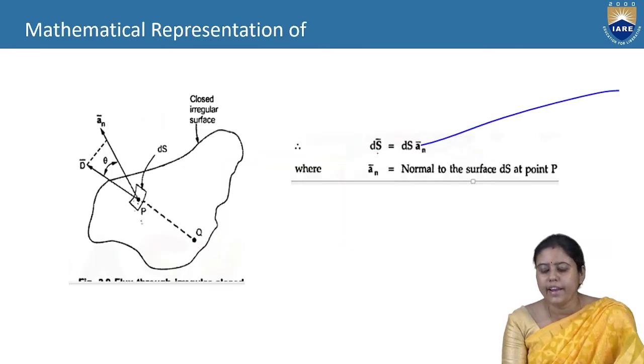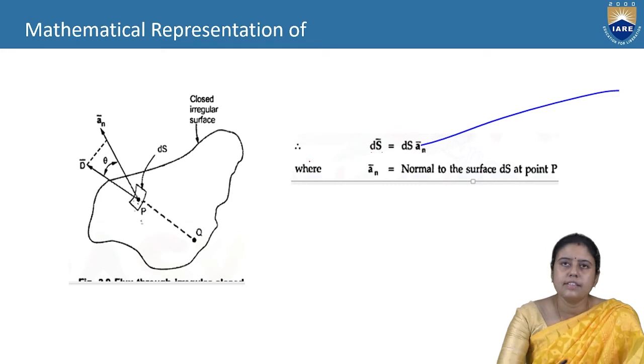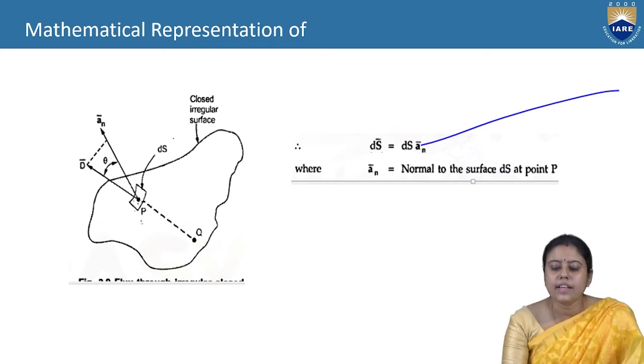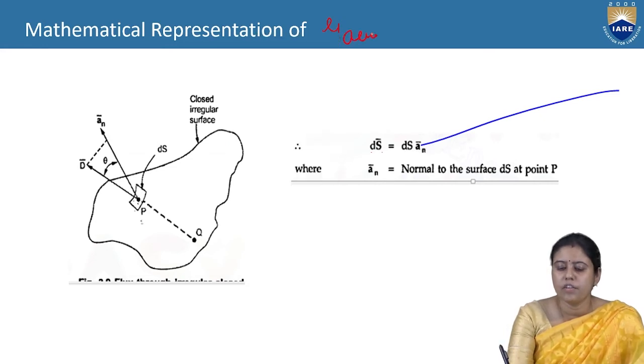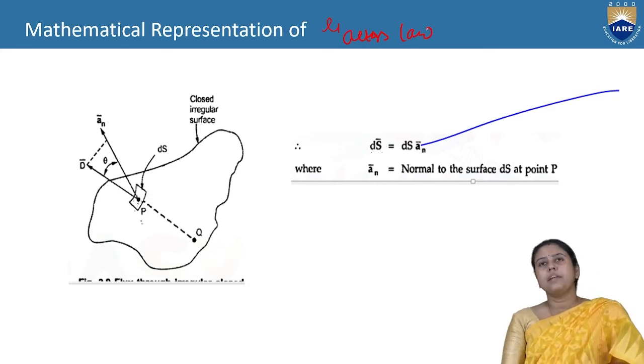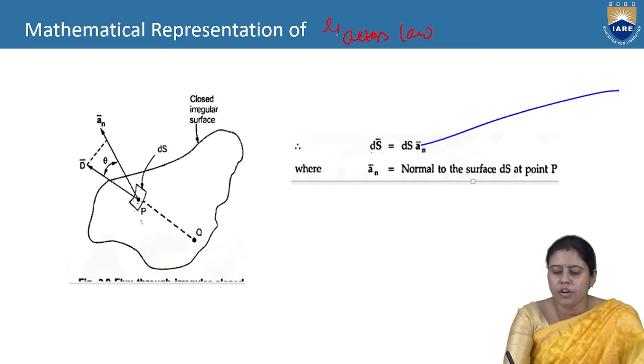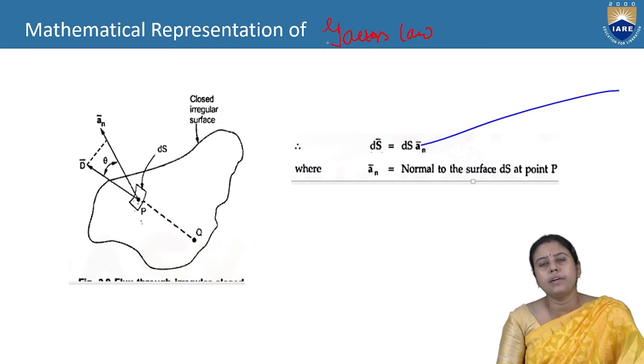So we can write ds, the surface area, as the mathematical representation of Gauss law.